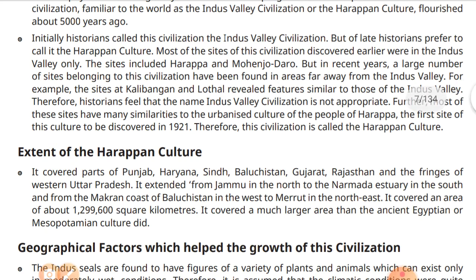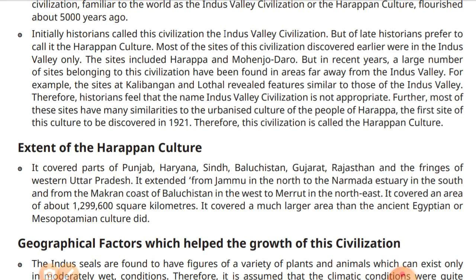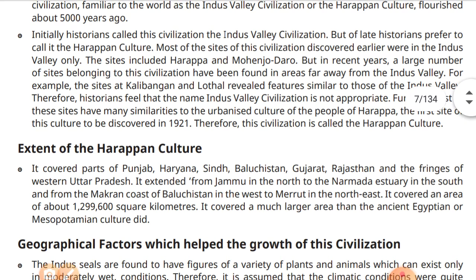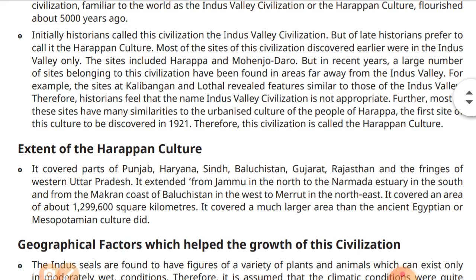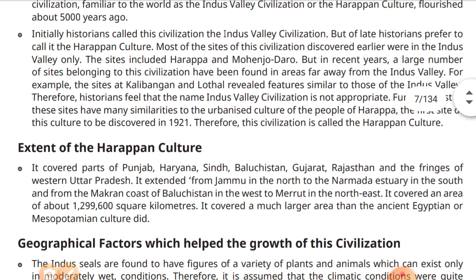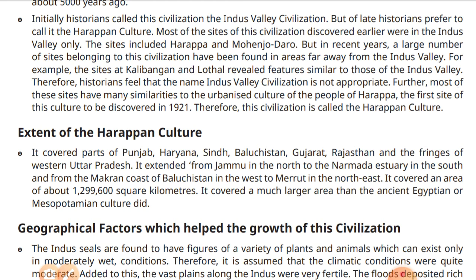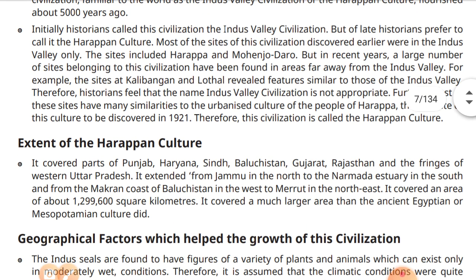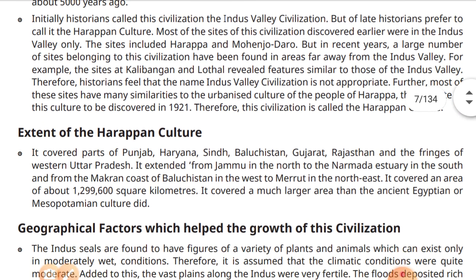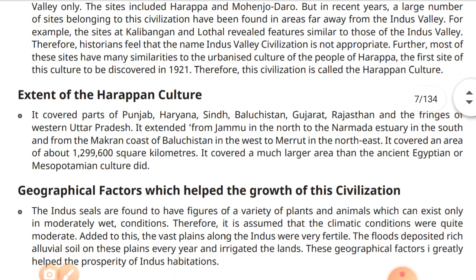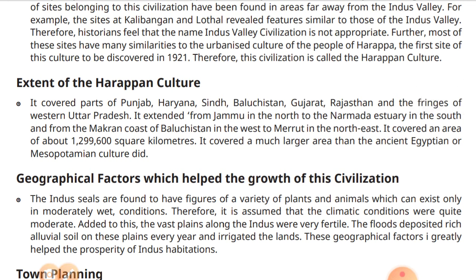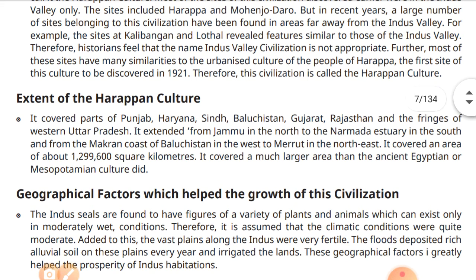Most of the sites of this culture were discovered earlier in the Indus Valley only, and the sites included Harappa and Mohenjo-daro. In recent years a large number of sites belonging to this civilization have been found in areas far away from the Indus Valley, for example Kalibangan and Lothal, with features similar to those of the Indus Valley.